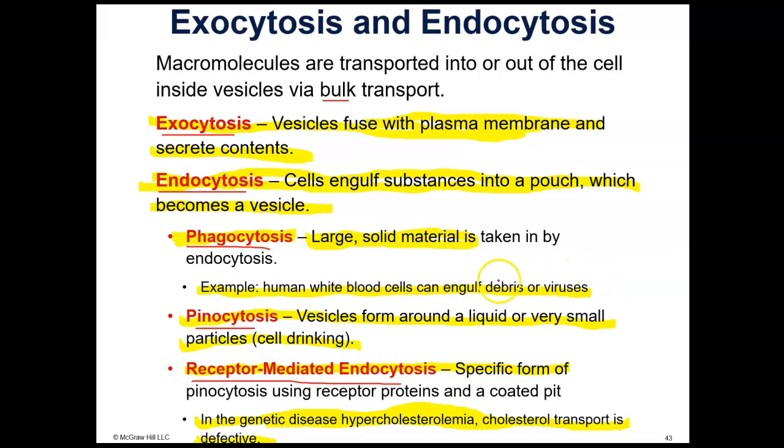One example of phagocytosis is when human white blood cells engulf pathogens. And an example of receptor-mediated endocytosis is when cholesterol is transported into cells.